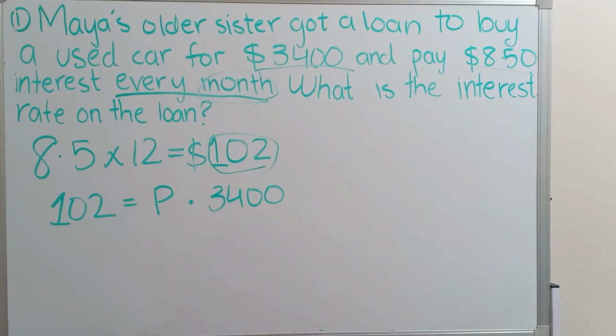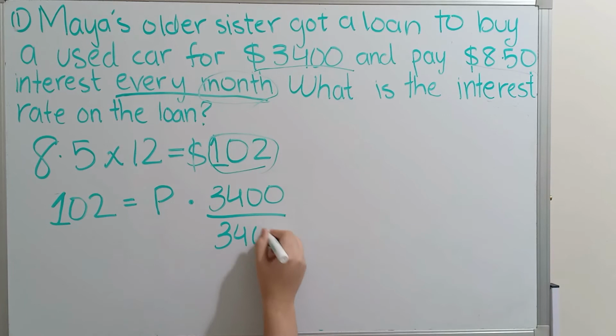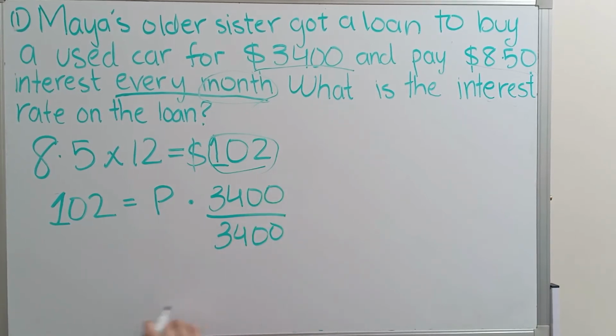So now we have our equation set up. What we are going to do is divide both of these sides by 3,400 because we want to cancel this out.